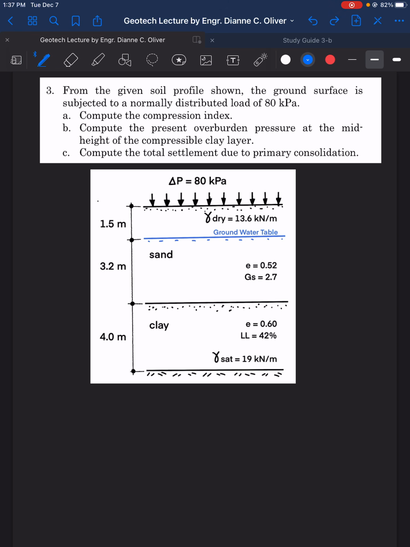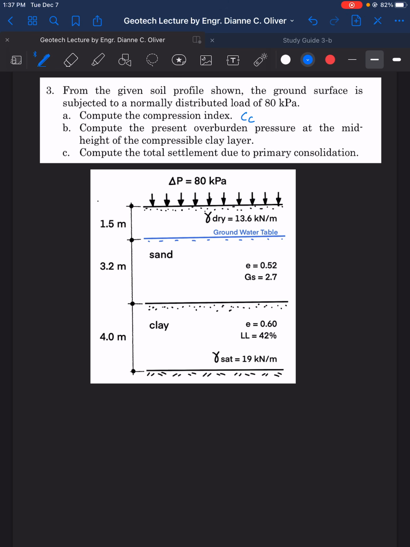So letter A, we need to compute for the compression index, that is the C sub C. Then B, we need to compute the present overburden pressure at the mid-height of the compressible clay layer. So what are we looking for?